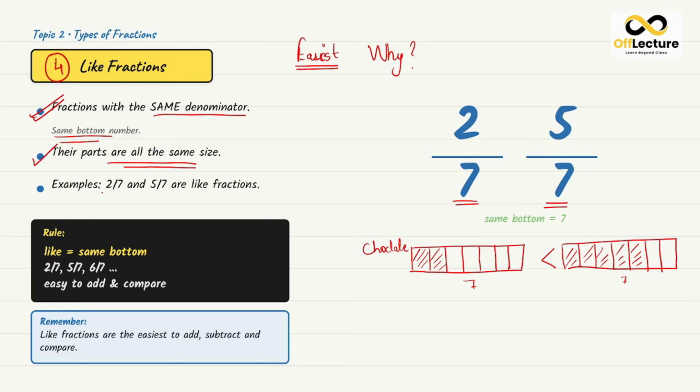Examples are 2 by 7 and 3 by 7. The simple thumb rule is that for like fractions we need the same bottom, which is the denominator. Remember that like fractions are easiest to add, subtract and compare.